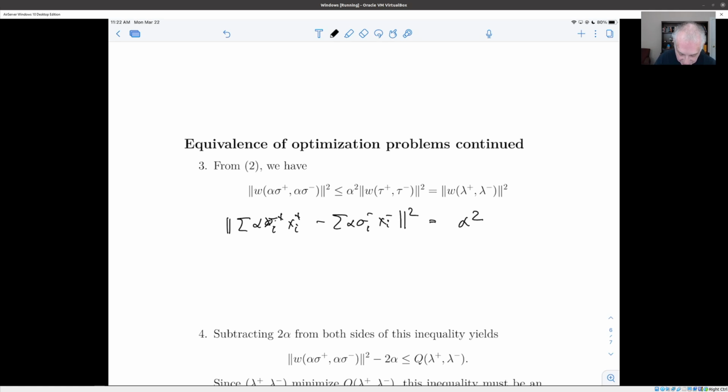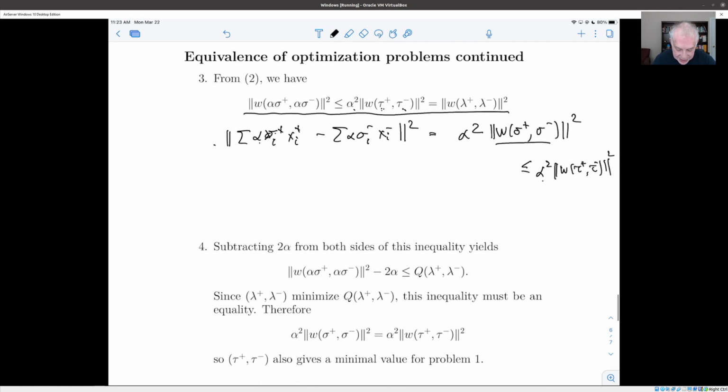And so this is alpha squared times the norm of w sigma plus sigma minus squared. And we already showed in the previous remark that this is less than or equal to w of tau plus tau minus squared. So we multiply both sides of that inequality by alpha squared, which is, of course, positive. But now we can put the alpha into the norm, multiply both of the tau plus and the tau minus, in the same way here that we pulled it out. And therefore, when you multiply the tau plus and tau minus by alpha, you get lambda. And so we end up with this inequality as well.